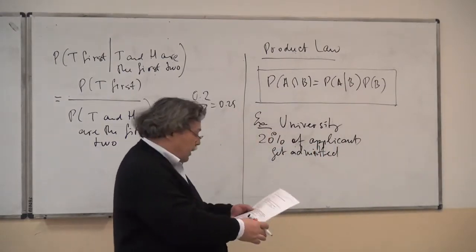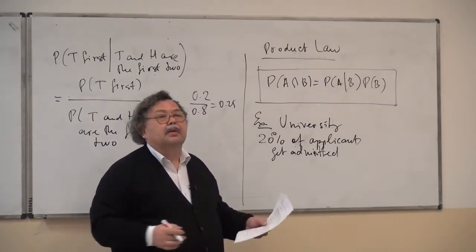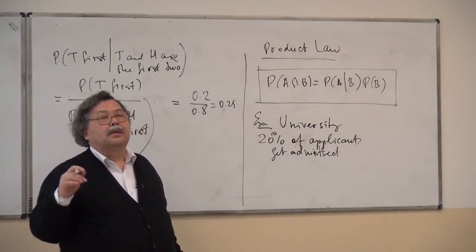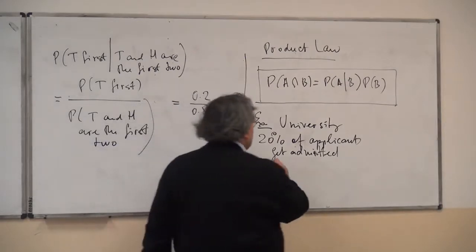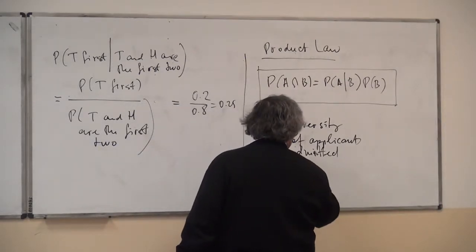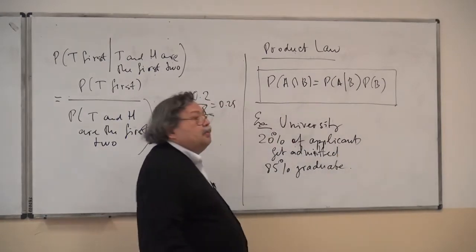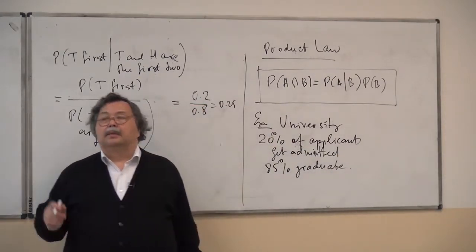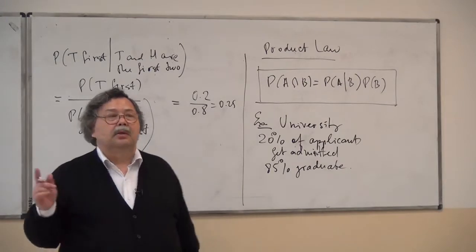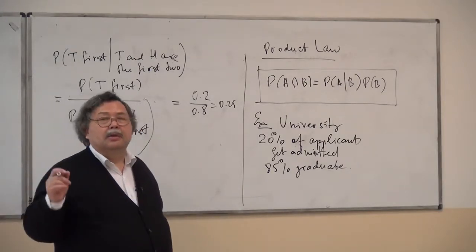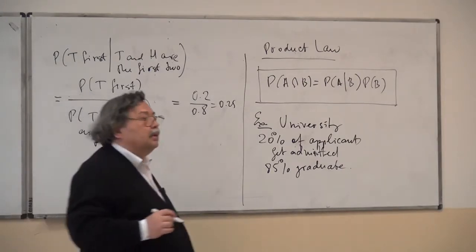Okay, and then 85% of those admitted finally graduate from this university. Now suppose we choose one applicant at random. What's the probability that he or she will eventually graduate from this university?